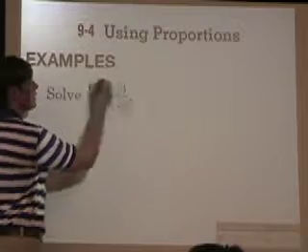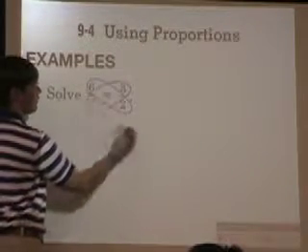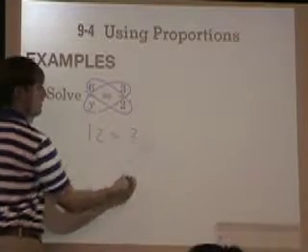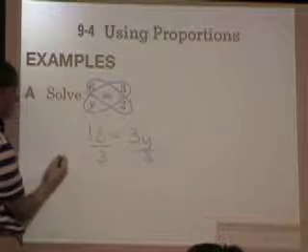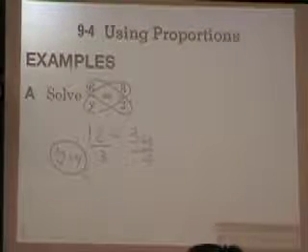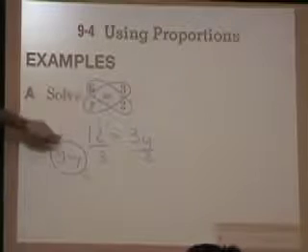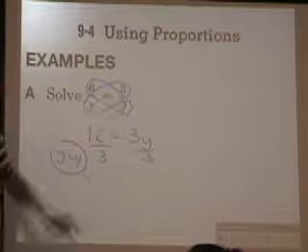Cross multiply 6 times 2, and that's 12. And 3 times y is 3y. Now what do I do, Mario? Divide 3 on both sides. So what's y equal? 4. So you just solved for this proportion, and now what you're saying is 6 over 4 is proportional to 3 over 2.